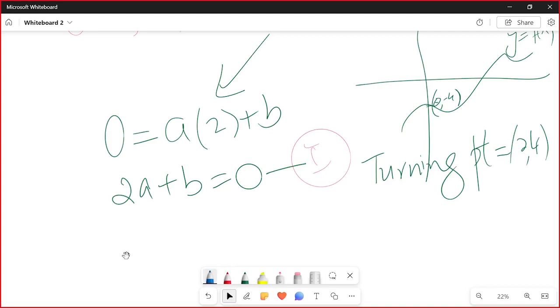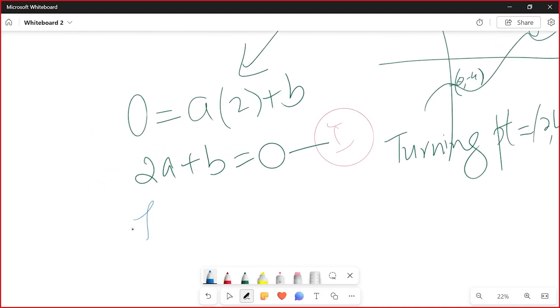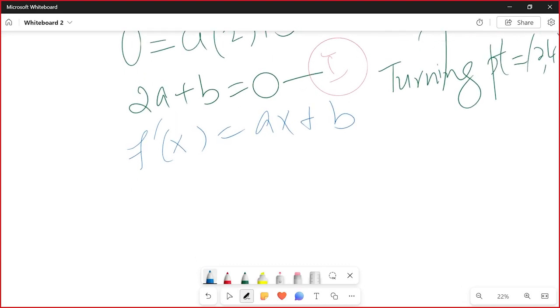The second is the curve has a turning point at (2, 4). The vertical intercept of the curve is the same. We are given f bar x, f'(x) is equal to ax plus b. How to find f(x), the equation of the line or curve?